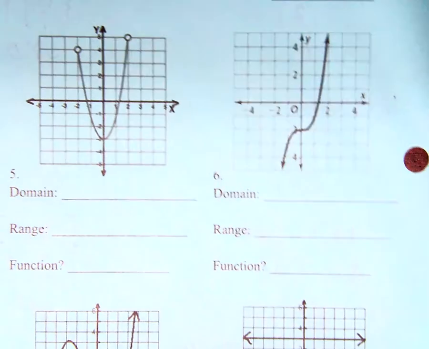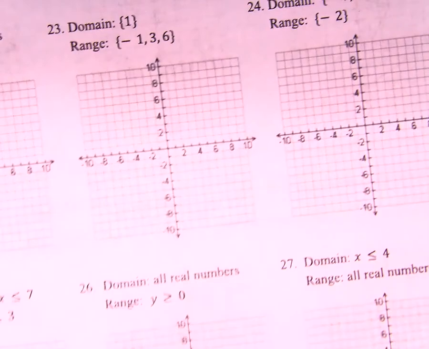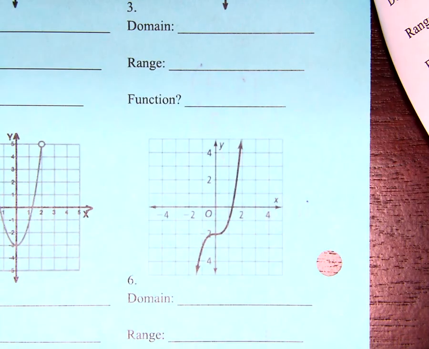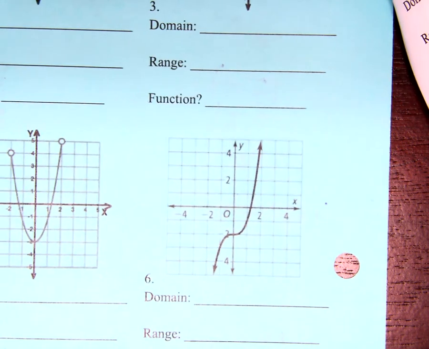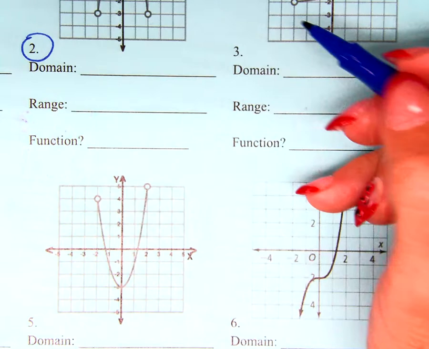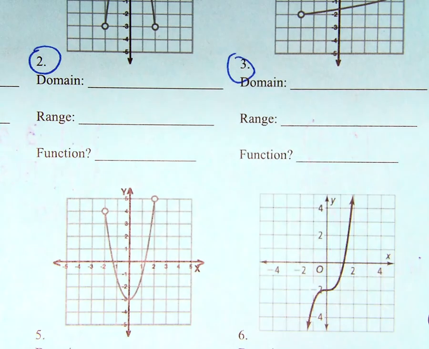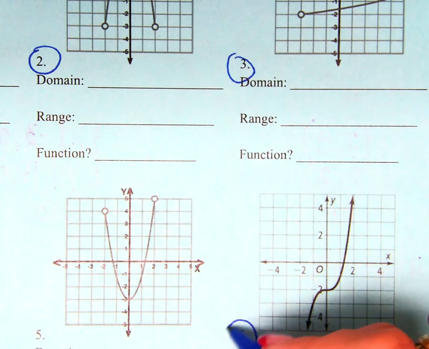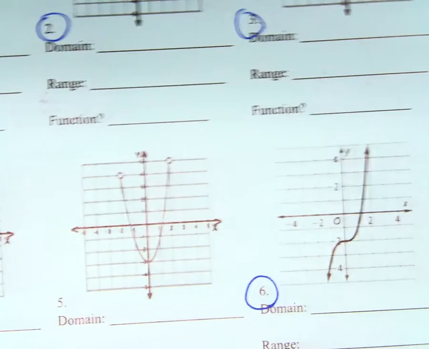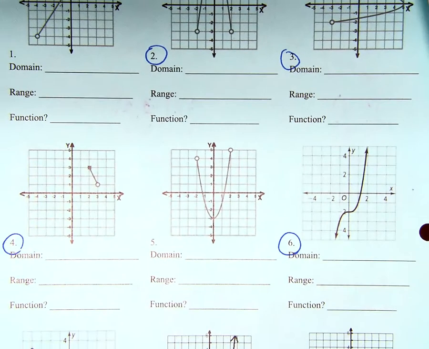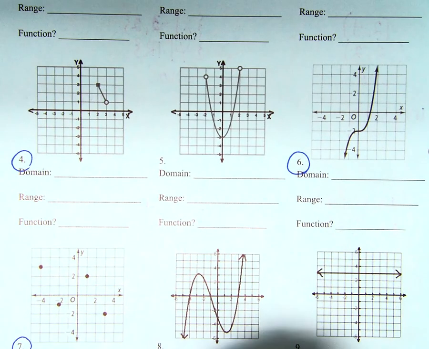Okay. Now, I want you to notice that the rest of this worksheet has 27 questions. I need you to realize that if I hand you out a worksheet with 27 questions, very rarely will you ever have to do all of 27. So would you please circle the following questions? 2 and 3, 4 and 6, also 7 and 8.